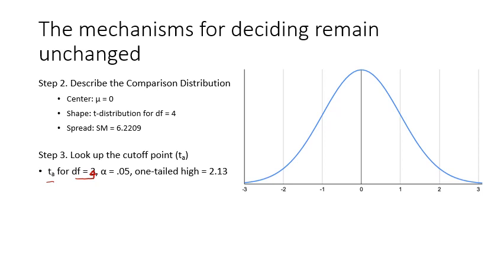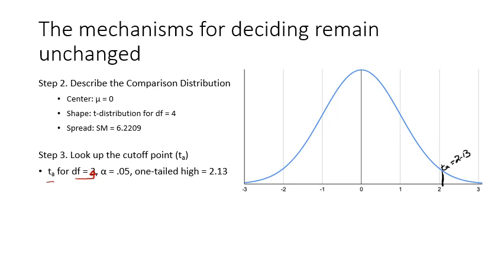Alpha equals 0.05, and one-tailed high equals 2.13. And so the 2.13 gets placed, I'd say, right about here, just above the 2. Maybe that's a little too close, but it doesn't matter as long as we know what that is.